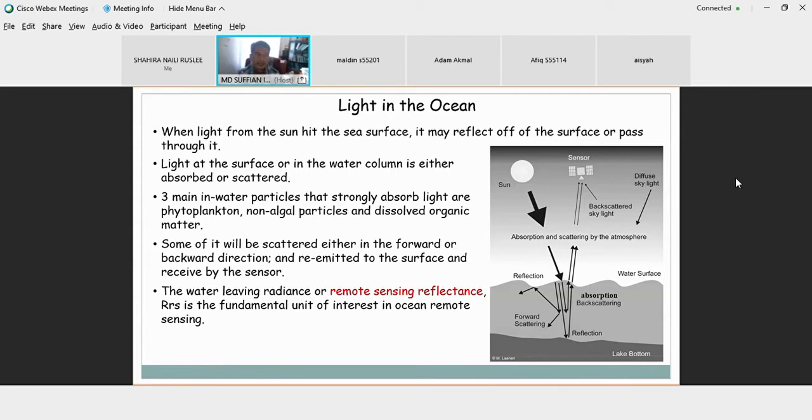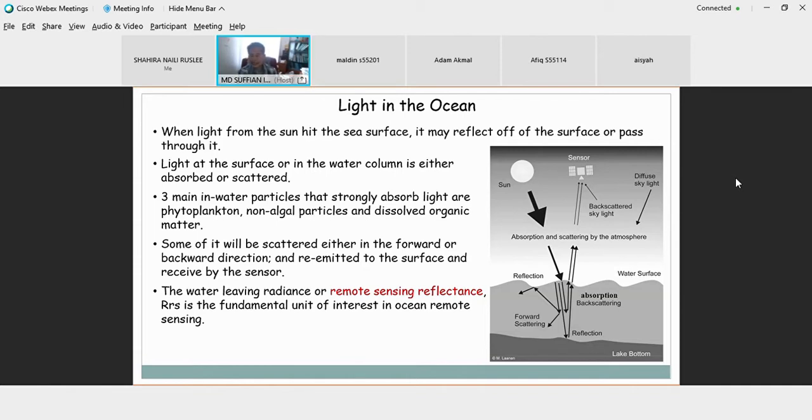We call that DOM, or sometimes CDOM, chromophoric or colored dissolved organic matter, or sometimes it's known as yellow matter, or gelbstoff, gelbstoff.